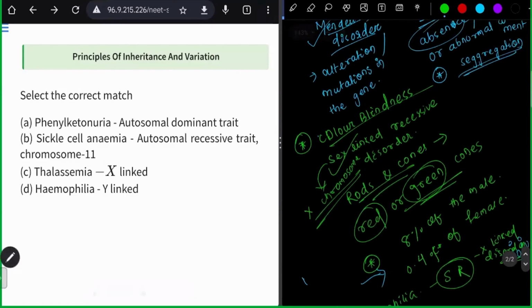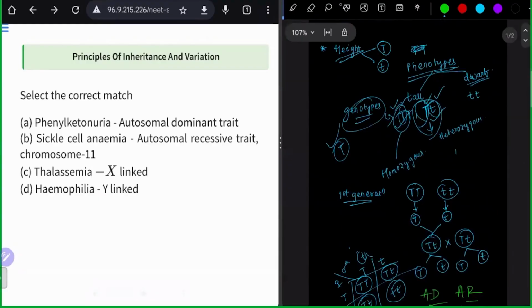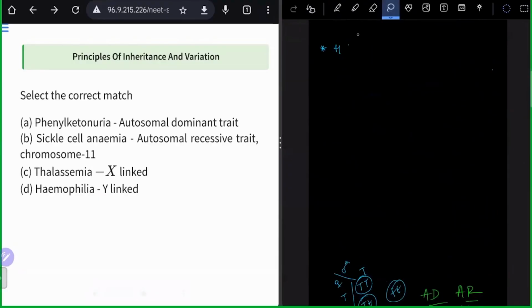Sickle cell anemia is an autosomal recessive disorder. Here there is a point mutation. You know that hemoglobin has 4 globin chains, 2 alpha globin and 2 beta globin.